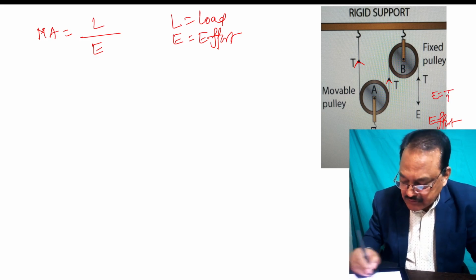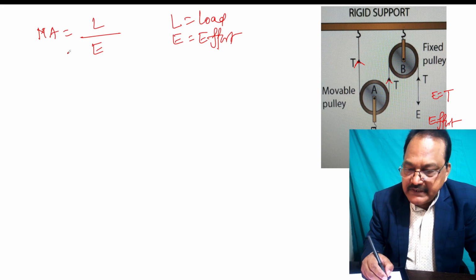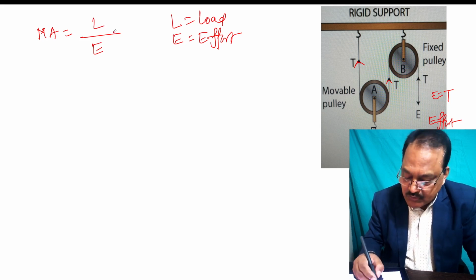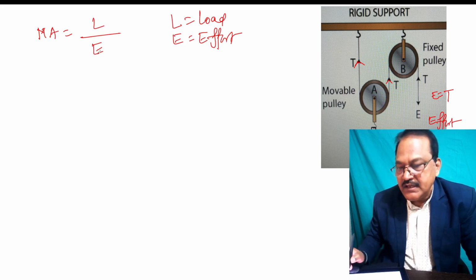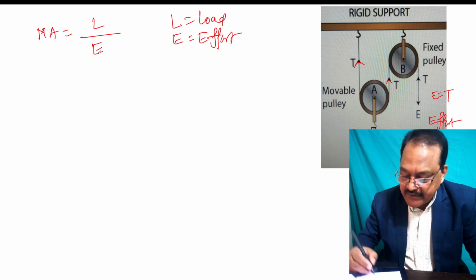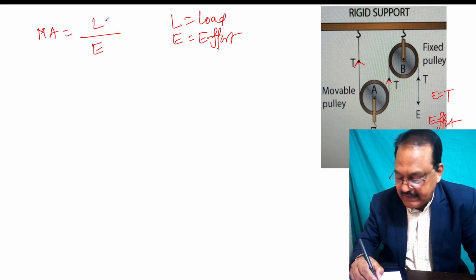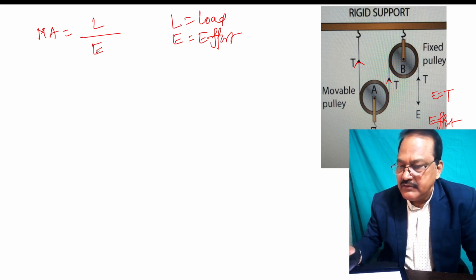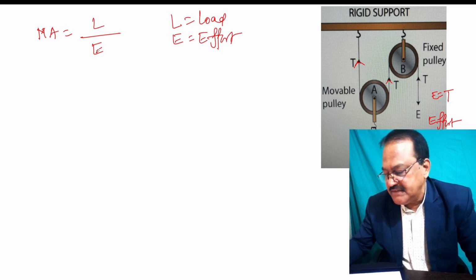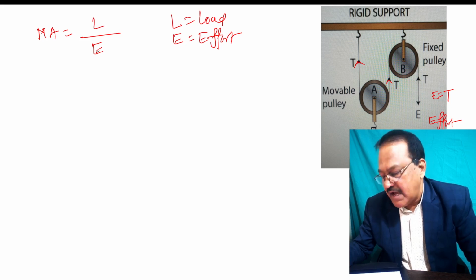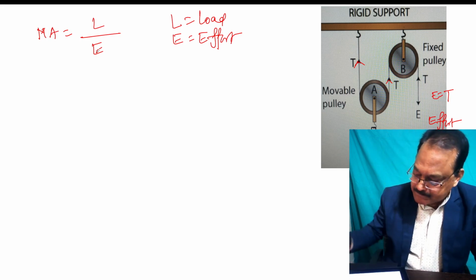So as per the definition, MA, that is mechanical advantage, equals load by effort, L by E. If we can find out the value of load, that is L, and effort, then very well we can write down the ratio of both to find out the value of MA of this combination of systems, that is one movable pulley and the other fixed pulley, right?